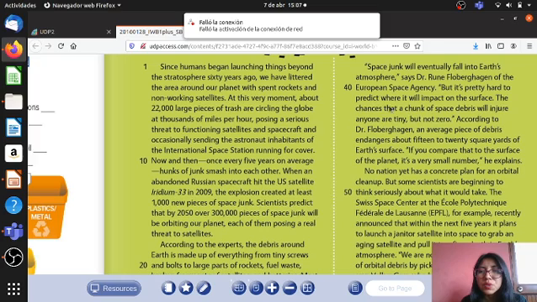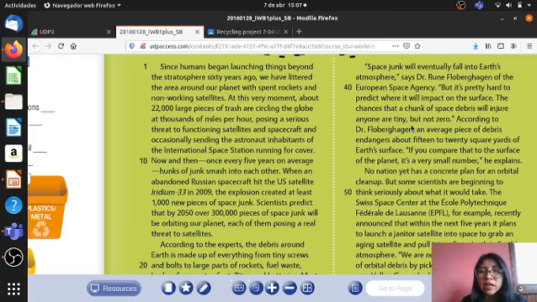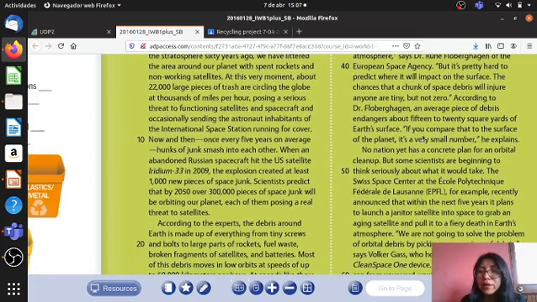The chance that a chunk of space debris will injure anyone is tiny, but not zero. According to Dr. Flöbergeren, an average piece of debris endangers about 15 to 20 square yards of Earth's surface. If you compare that to the surface of the planet, it is a very small number, he explains.